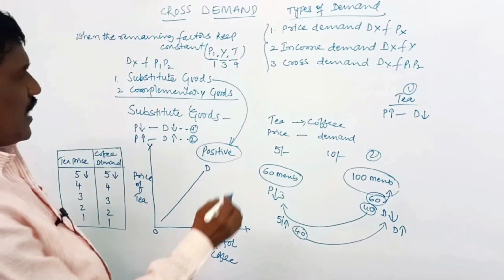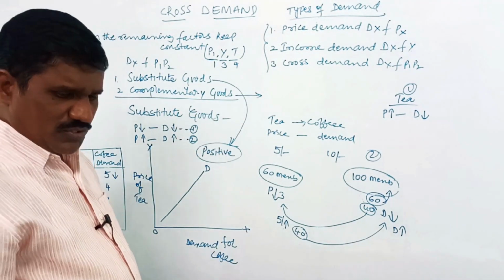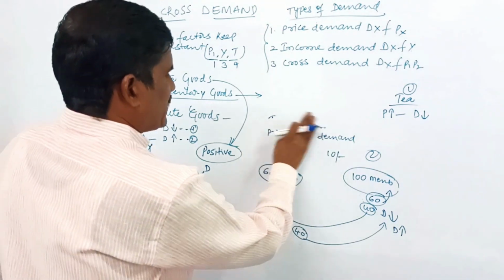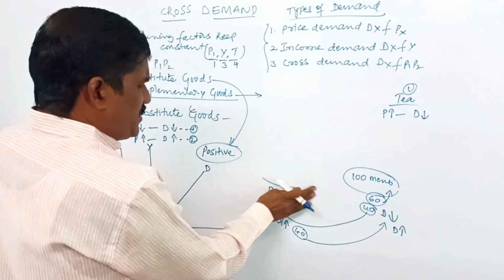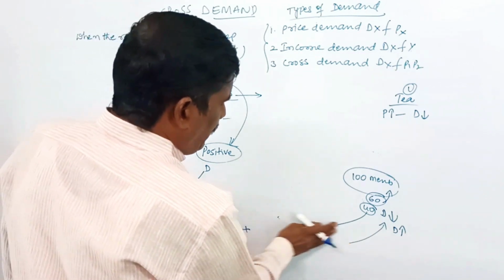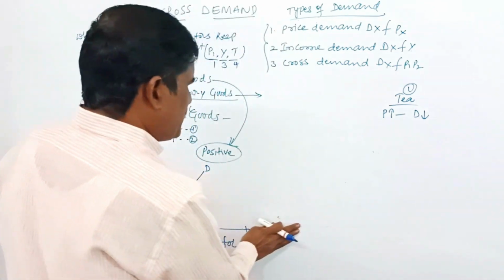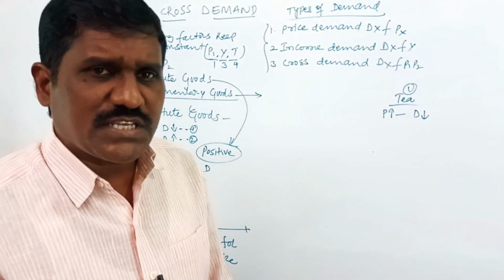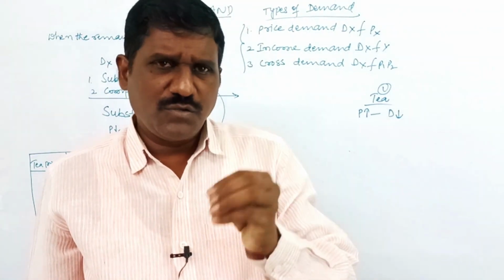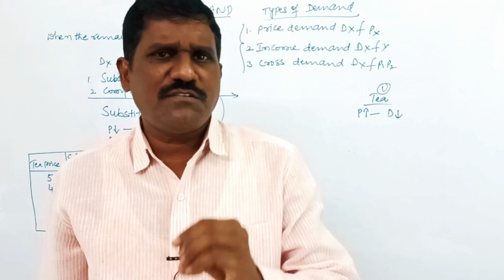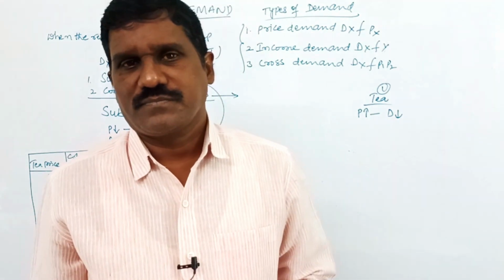Clear? Complementary goods. Which are called complementary goods? If you want to satisfy our wants, the goods which can be used jointly to satisfy our wants are called complementary goods.